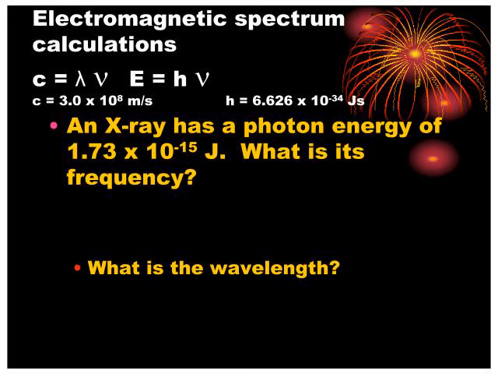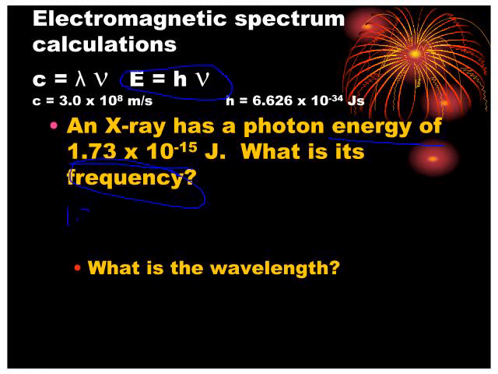So if I know how much energy is involved, I can find out the wavelength. Just by substituting into our E equals, on this problem, I'm given energy, and I'm looking for frequency. So that means I'm going to use this equation first.